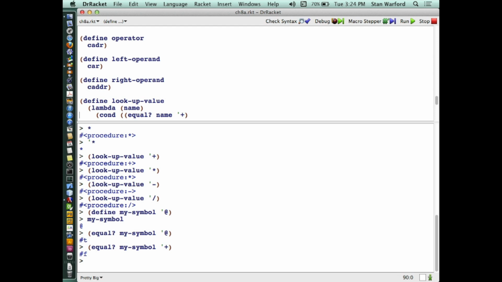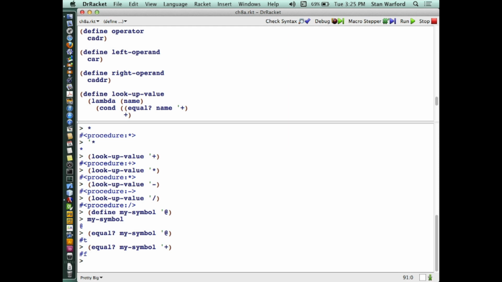Equal. The first test on our condition will be if the name equals what? What is this quote plus? That is the name of the function, right? What will we return? Plus. Yeah, we return the plus function.